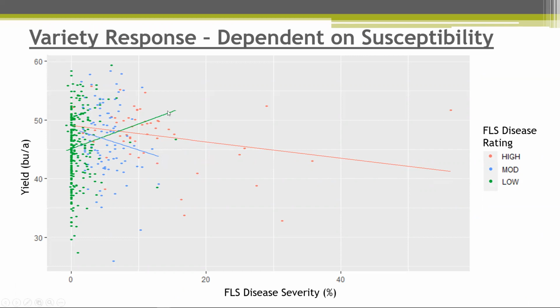Now, for frog eye leaf spot, there is actually a strange increase in yield when disease increases for our low, meaning resistant, varieties. But this is a little misleading, because there's probably just an outlier driving this trend. In general, we're not seeing enough disease on these low susceptible varieties to really affect our yield. But that decreasing trend in our highly susceptible and moderately susceptible varieties is what we expect to see.